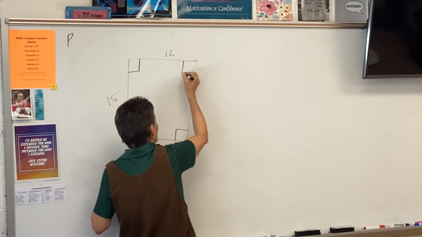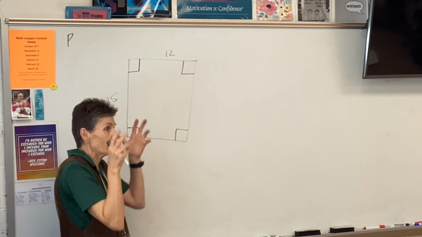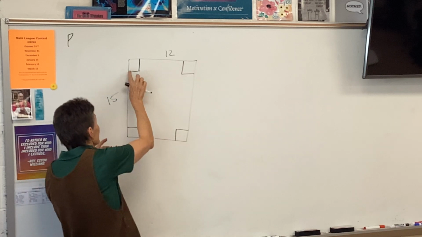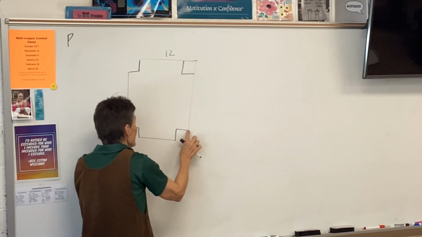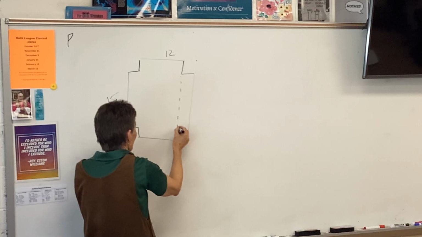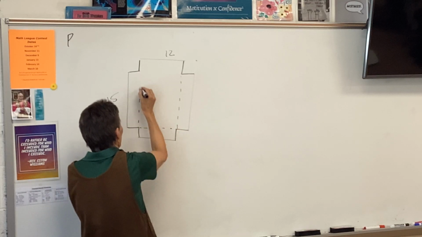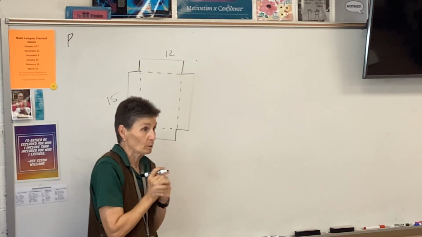Sometimes I actually have to do this, but we don't have time, so we're just gonna imagine it. So we're gonna cut these corners out. And then we're going to take these flaps and fold them up and make a little box with no lid.